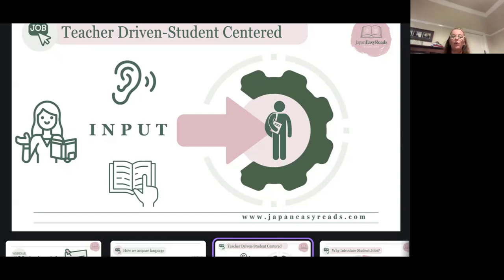Teachers guide the input while the students shape the learning experiences through their involvement. And together, they make language acquisition both effective and enjoyable. So I hope that is clear.